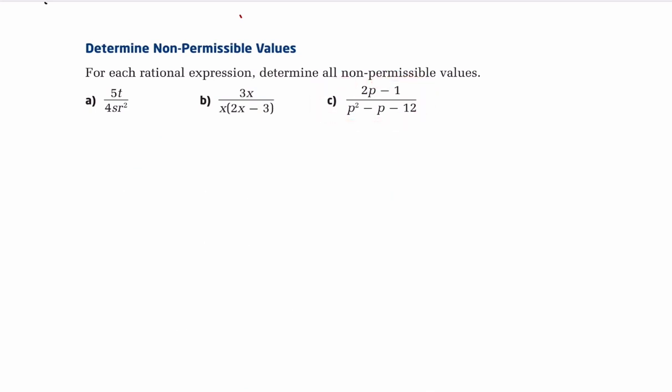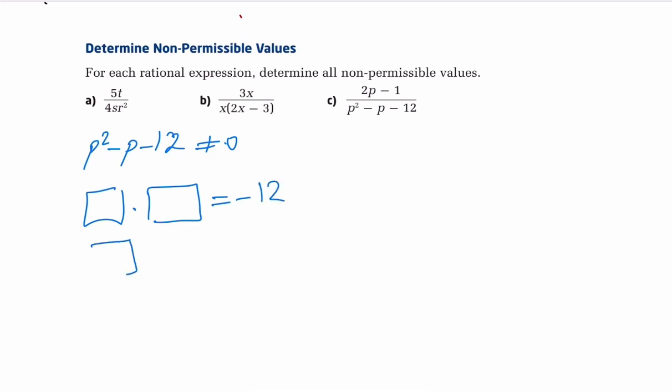For the third question, this one, p squared minus p minus 12 should be different than 0. So I need to factorize my expression so I can solve it. What are two numbers that if I multiply them, I will get minus 12, and if I add them, I will get minus 1? So these two numbers are minus 4 and 3.